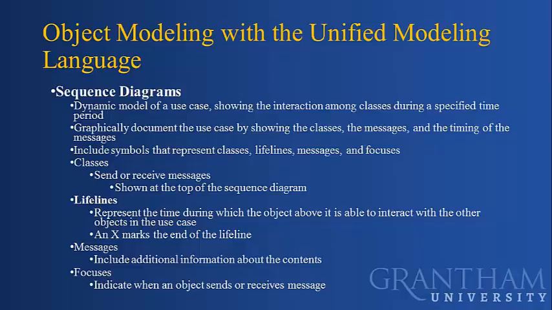Classes that send or receive messages are shown at the top of the sequence diagram. Lifelines represent the time during which the object above it is able to interact with the other objects in the use case. An X marks the end of the lifeline. Messages include additional information about the contents. Focuses indicate when an object sends or receives a message.